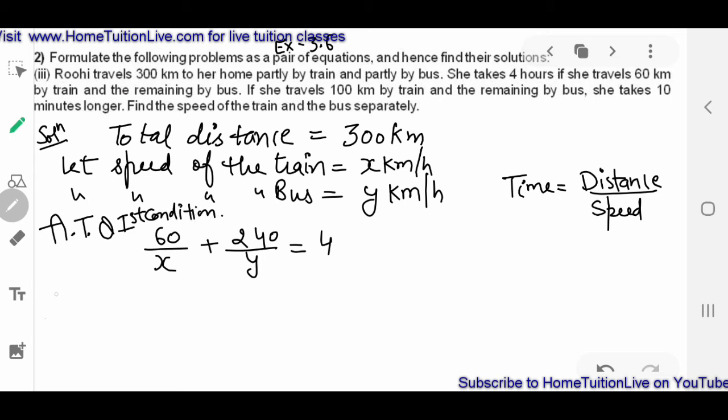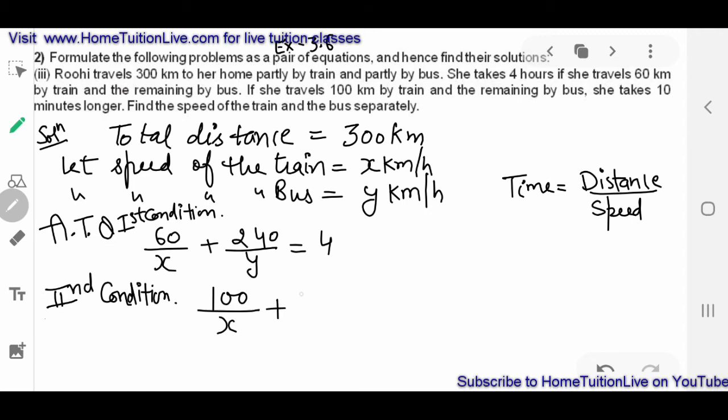Now the second condition is she travels 100 km by train. So time taken by train plus 200 upon y, the speed of the bus, equals the time taken when she takes 10 minutes longer, that is 4 hours 10 minutes. 4 hours 10 minutes, that is 4 plus 10 upon 60.